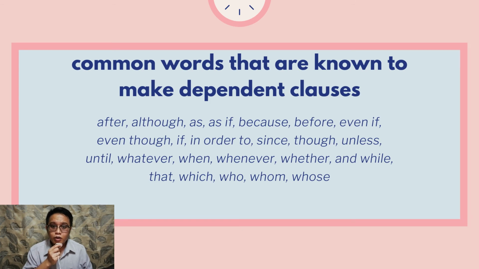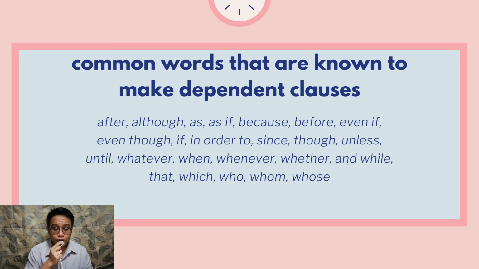So, mauna siya ang mga words, take note of this one, nga mauna siya atong mga words nga makahimo og dependent clauses because these words are either subordinating conjunctions or they are relative pronouns. Let's say, for example, ang atong relative pronouns here kanang which, who, whom, whose. Okay, kanang that.